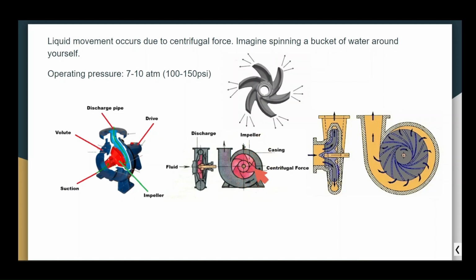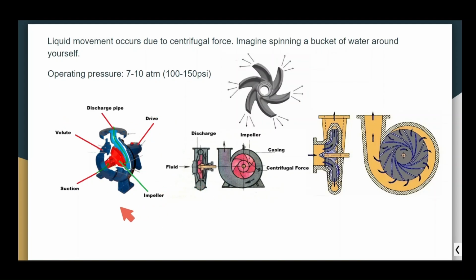The rotation of the impeller creates a vacuum in the center, which allows it to suck in fluid, and then, by centrifugal force from the rotation, our fluid splashes out and is directed to a discharge manifold.